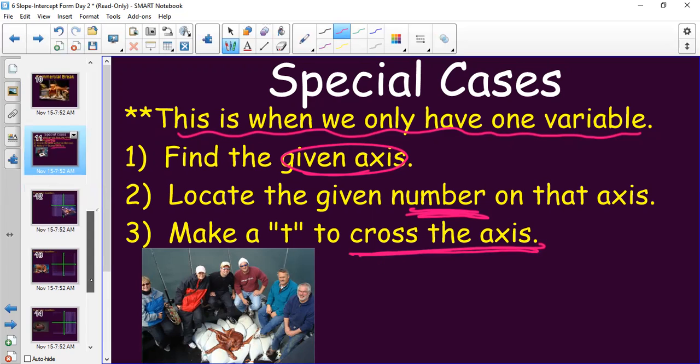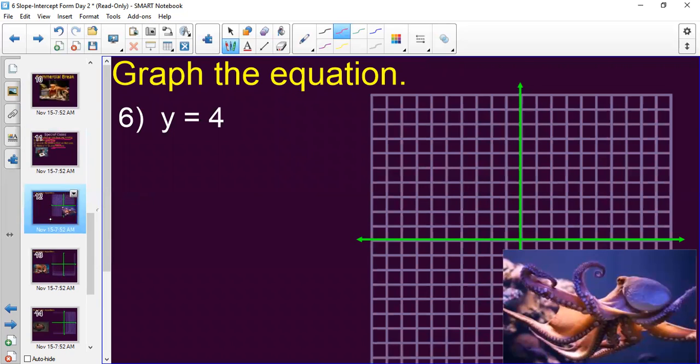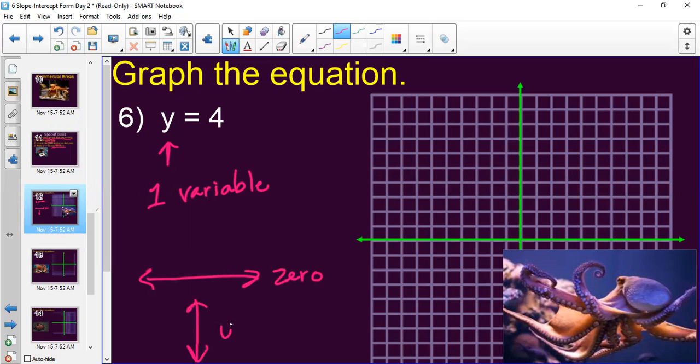Okay, so let's see what this looks like. Okay, so y equals 4. Again, it's special because of one variable. That's how we can tell right away. So that means it's either going to have a 0 slope or an undefined slope. So we have to decide if this line is going to be going up and down or going straight across.